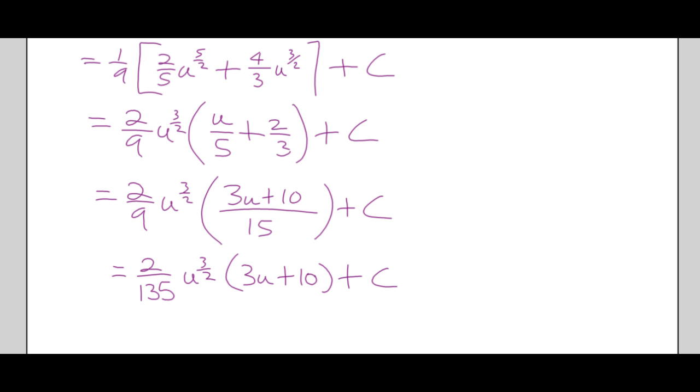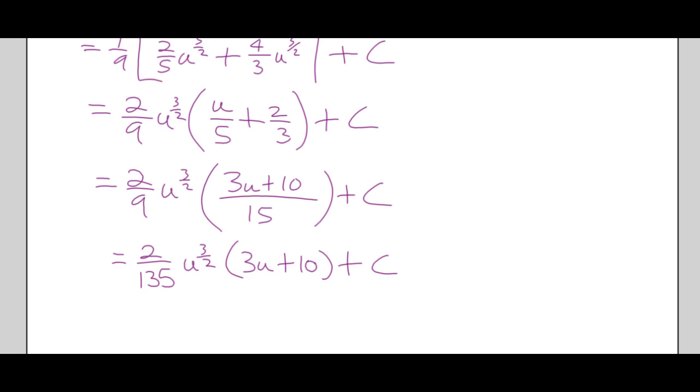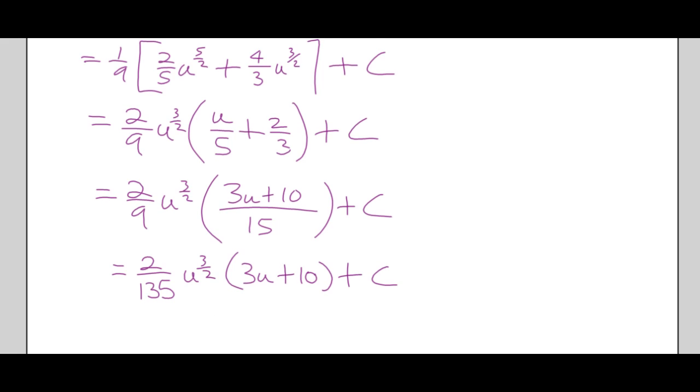So it's at this point that we can substitute in for the u. So we've got 2 over 135, 3x minus 2 to the 3 halves, and 3u plus 10. Maybe it ran out of ink when I wrote it. Was it 3u?